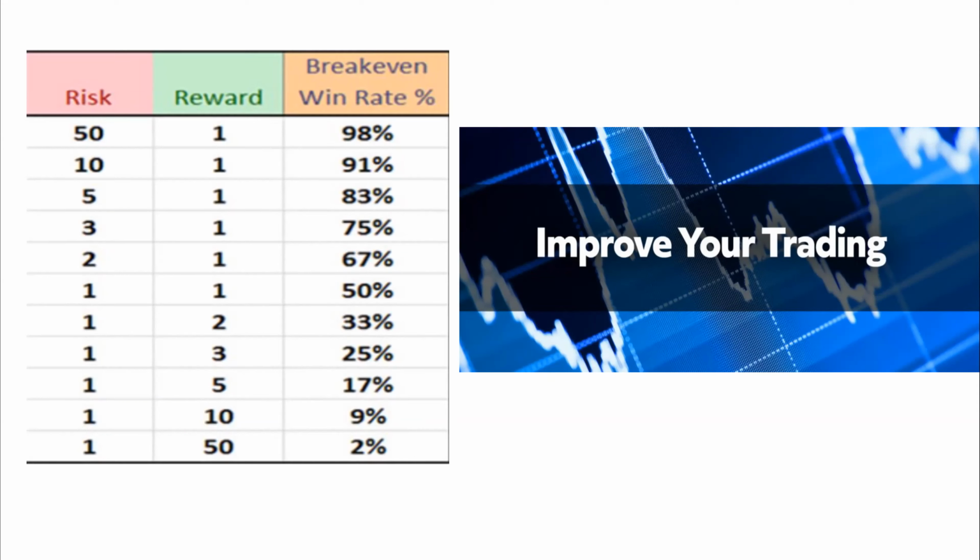So if you're risking 50 to make 1, of course, you're going to need a 98% win rate. I don't know many investors who are getting a 98% win rate, but if you slide down here, if you're trying to make $3 for every dollar of risk, you only need a 25% win rate.